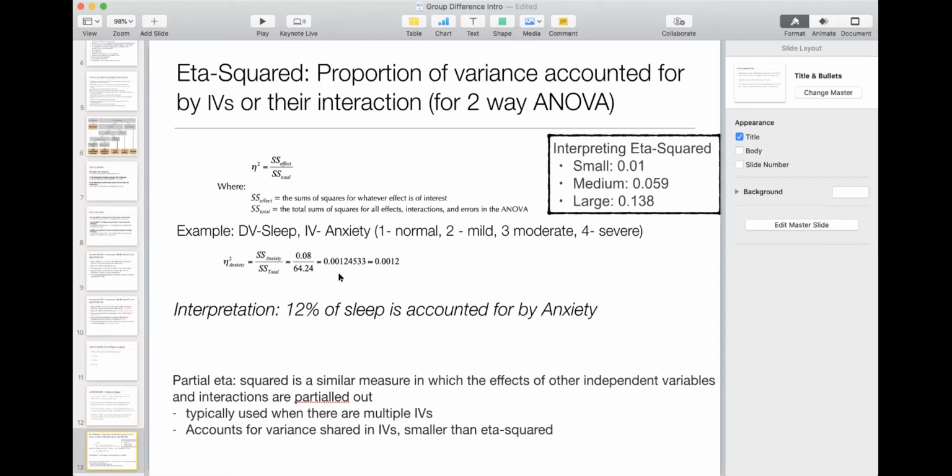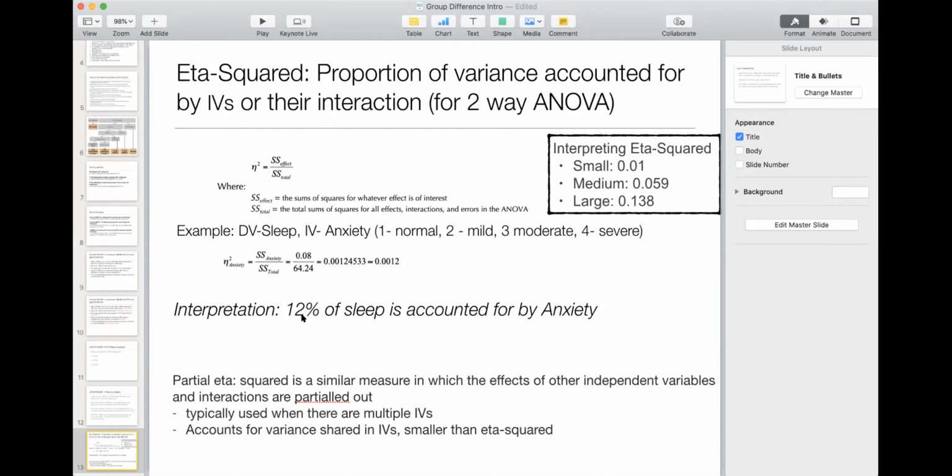The eta square here is 0.0012, okay? So similar to in regression, what if you multiply this by 100, that's 12%, okay? So 12% of sleep is accounted for by anxiety. So that's how we would explain it. So you can use that.